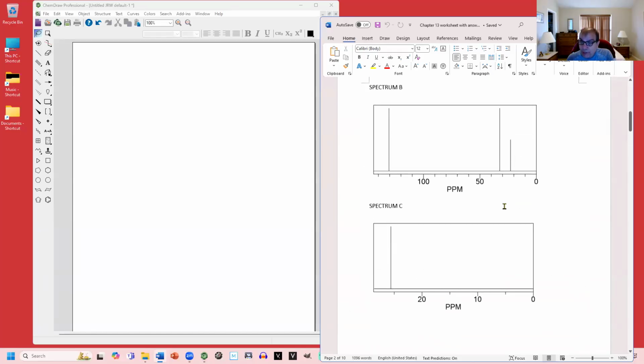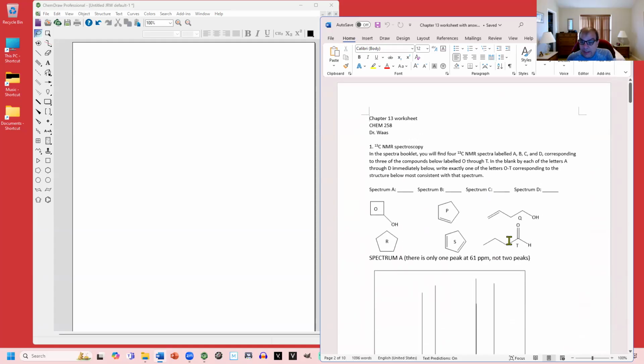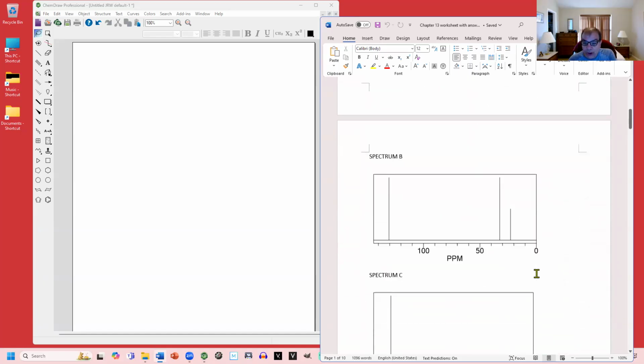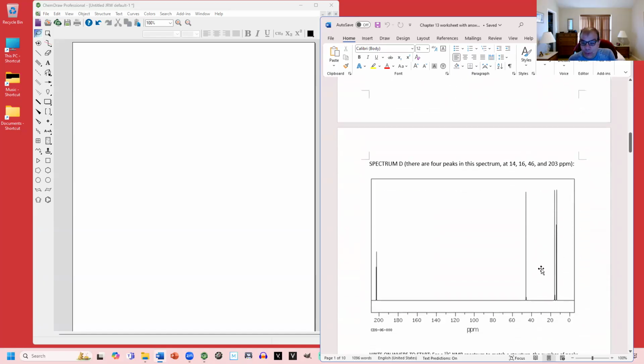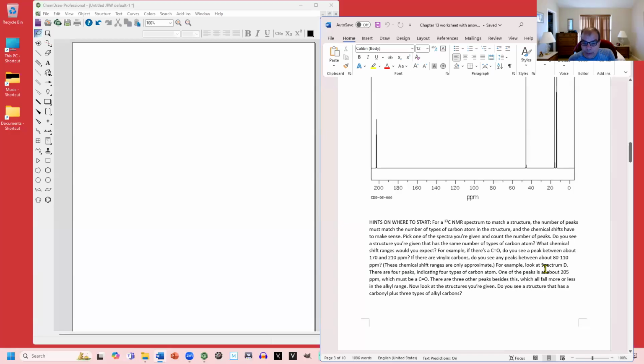So spectrum D must be that 4-carbon aldehyde, compound T. You could call it butanal if you want. Al for the aldehyde functional group. We'll eventually get to naming aldehydes and ketones when we get to chapter 19. But that's basically it. So it looks like structure S doesn't show up and structure O doesn't show up. So those are the 4 answers for those 4 carbon NMR spectra.